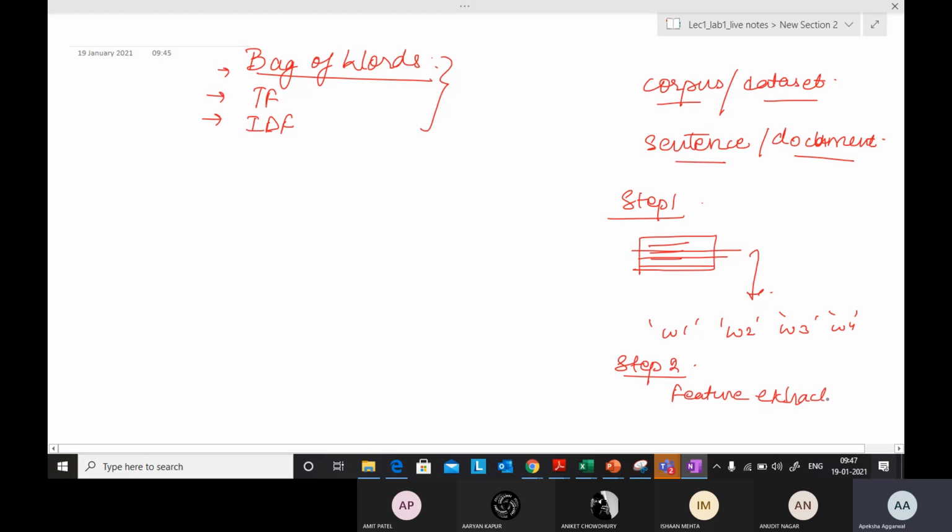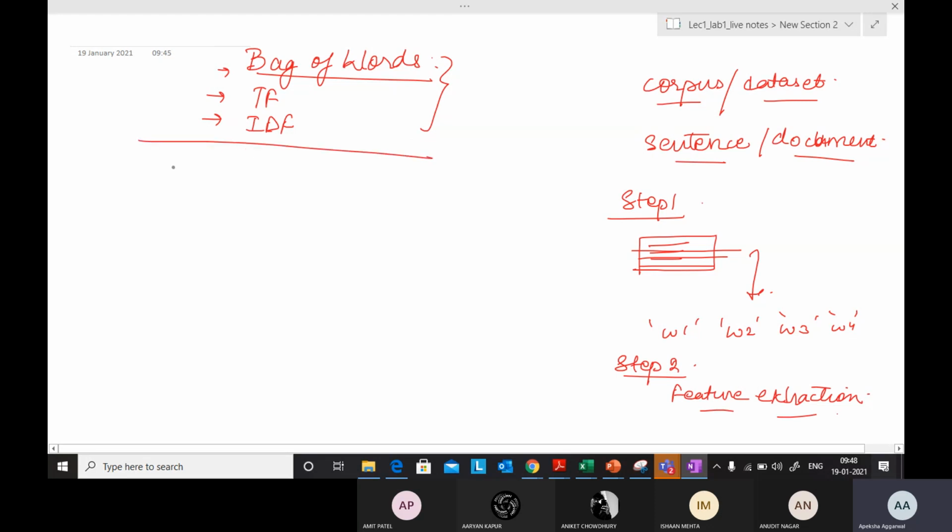In class we have seen methods like one hot encoding. We know that we can count the number of positive and negative words, and then give that as input to the model. Today the third approach is bag of words, so you can relate it to feature extraction.